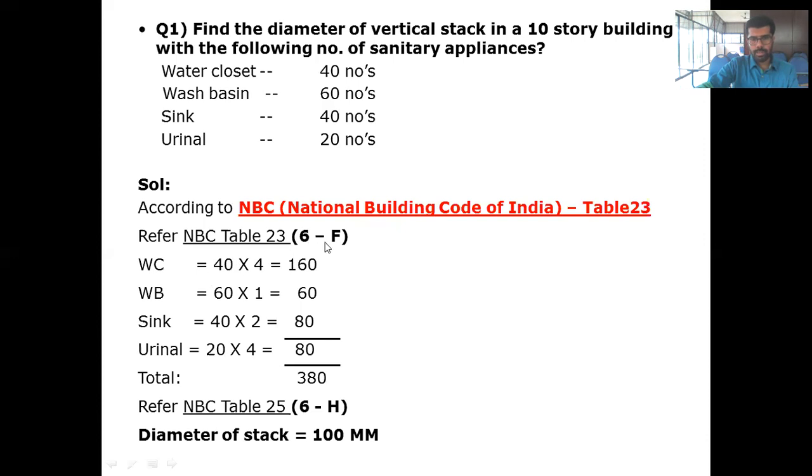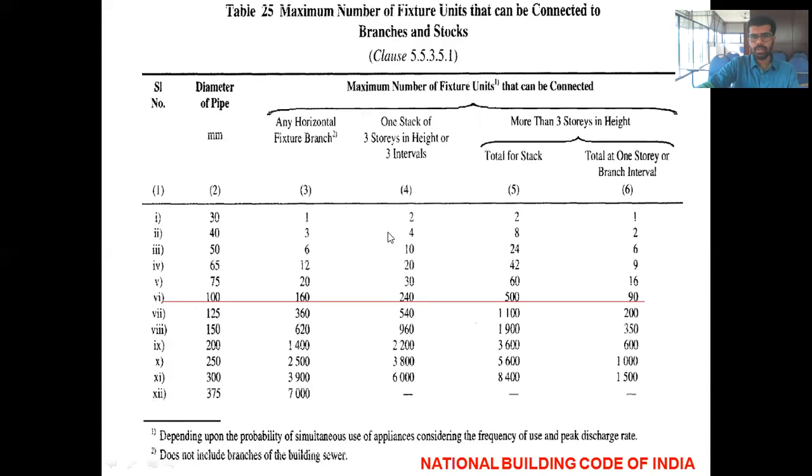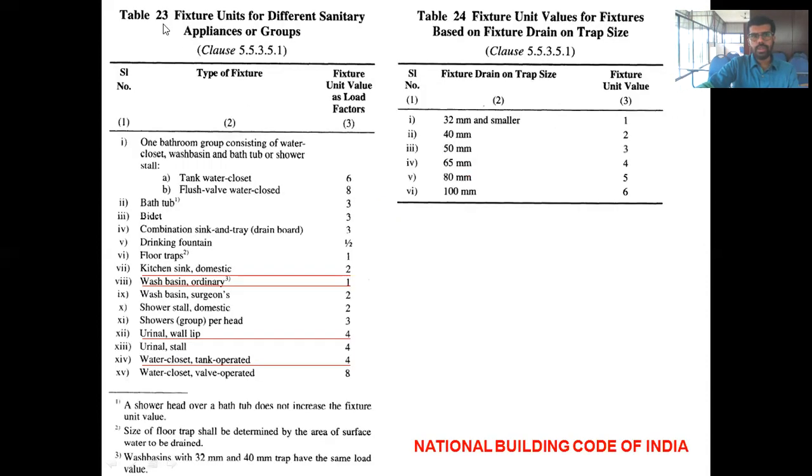The fixture unit can be known from the National Building Code of India, table 23, 6F. NBC table 23 6F. You can take this one.